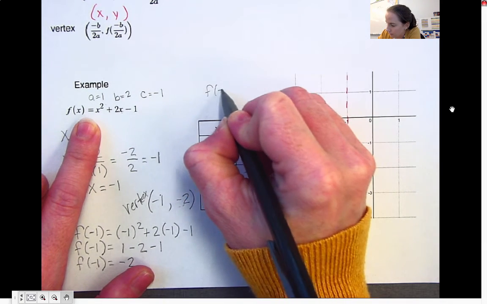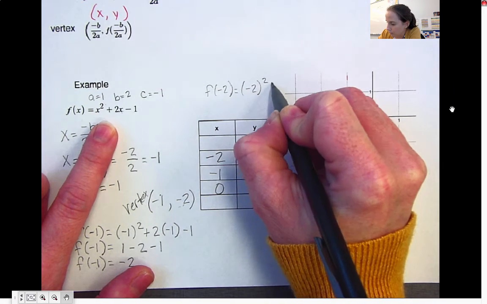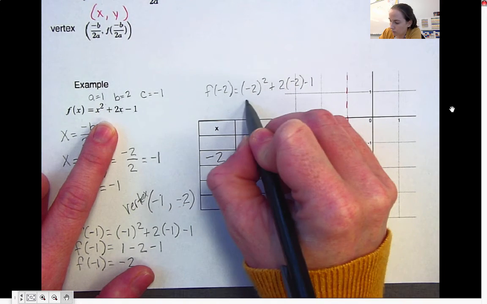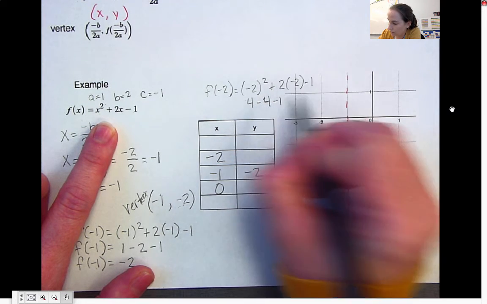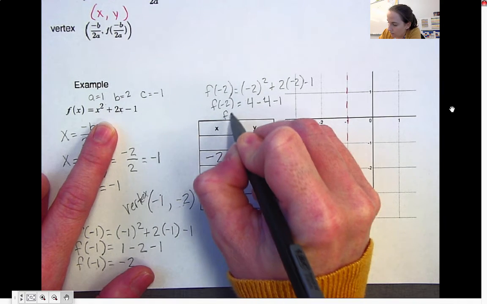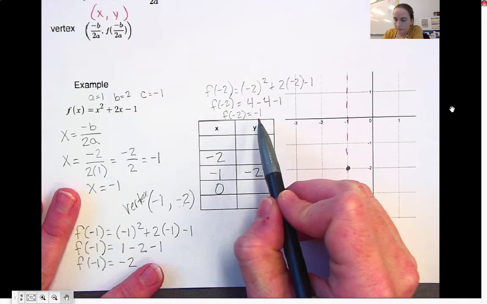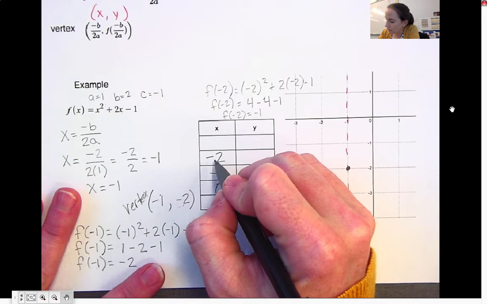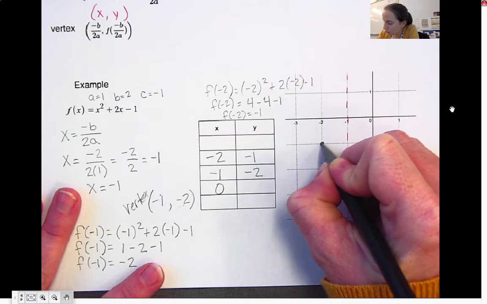F at negative 2, negative 2 squared, plus 2 times negative 2 minus 1. This would be 4 minus 4 minus 1. And so f at negative 2 equals 0 minus 1, negative 1. So at negative 2, I get negative 1. Put a point there.